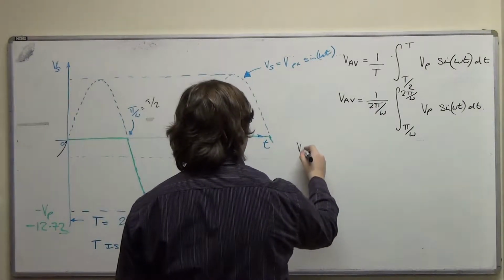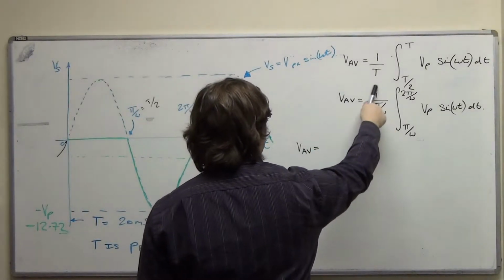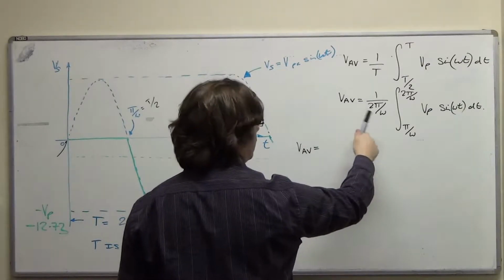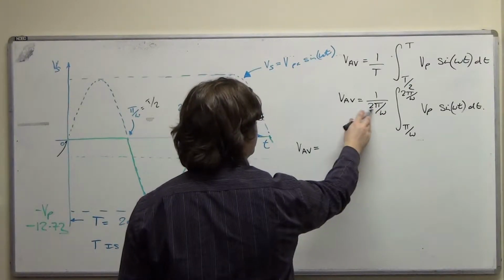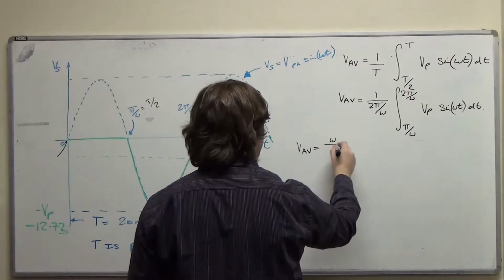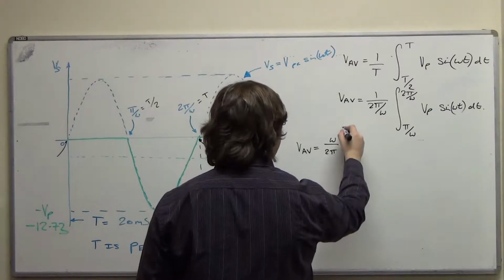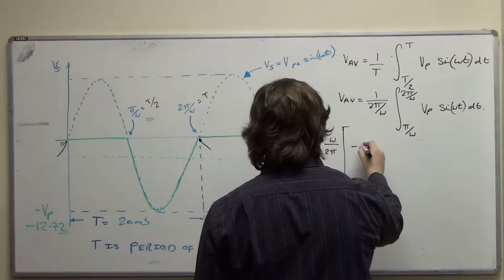So Vav is equal to, now this being the 1 over T, 1 over 2 pi over omega is omega over 2 pi. Essentially you flip the denominator, so it's omega upon 2 pi, and then we'll have some square brackets, and we'll have minus Vp upon omega.